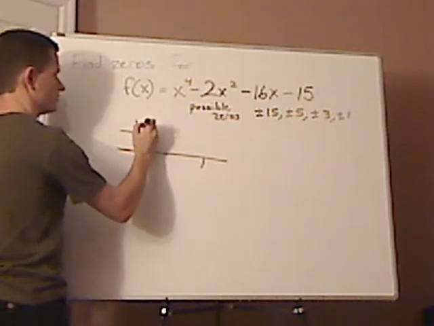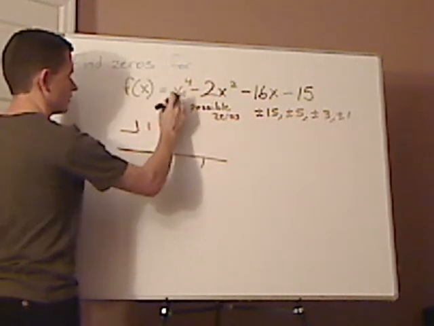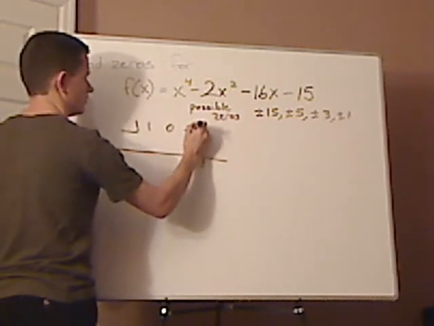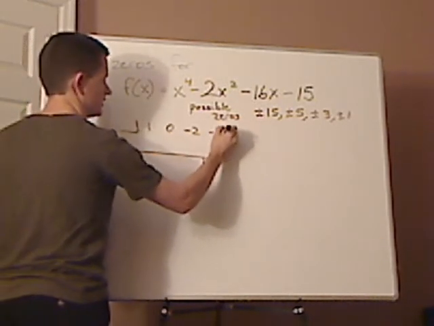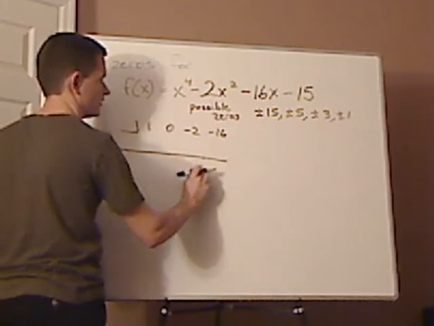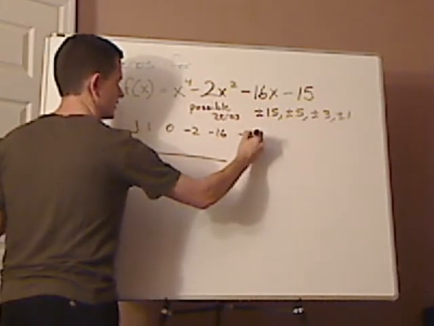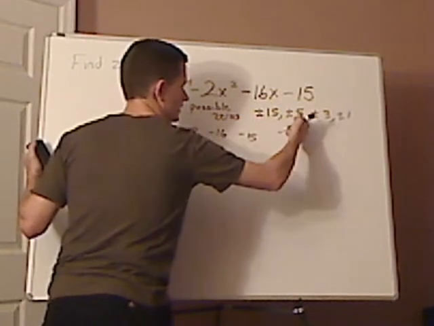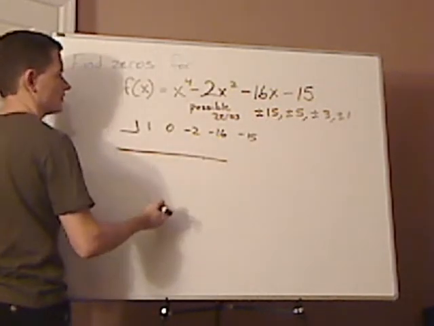Start by listing out the coefficients: 1, 0, -2, -16, and also -15. I'm going to start with 1 and work that direction.